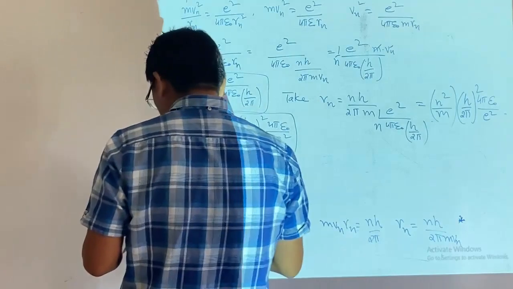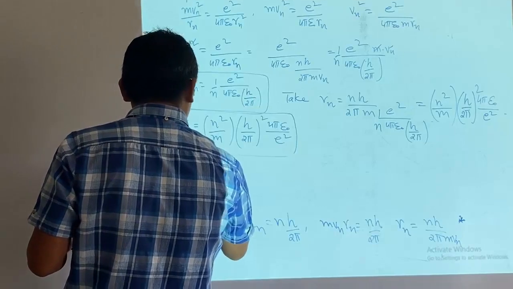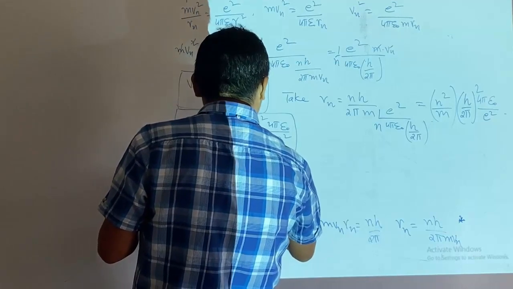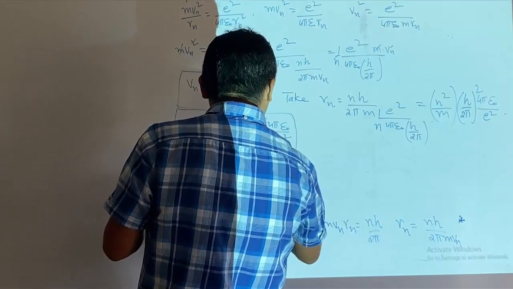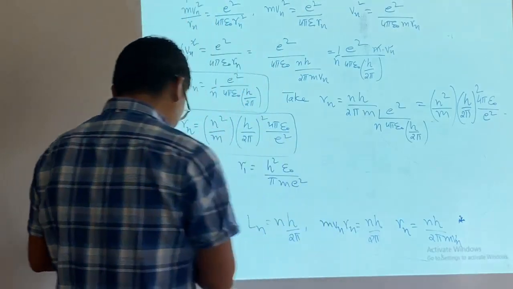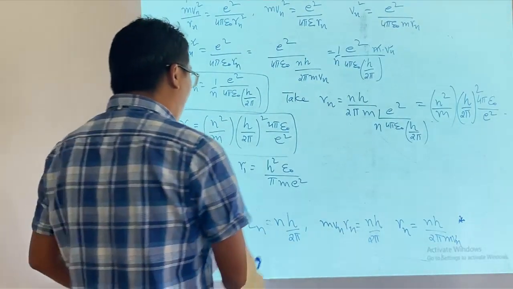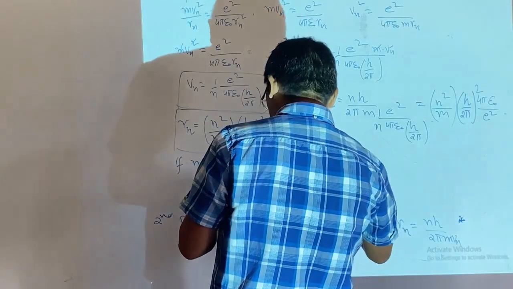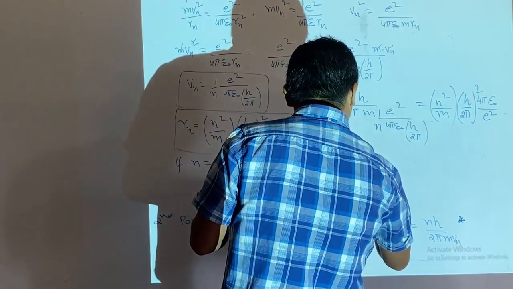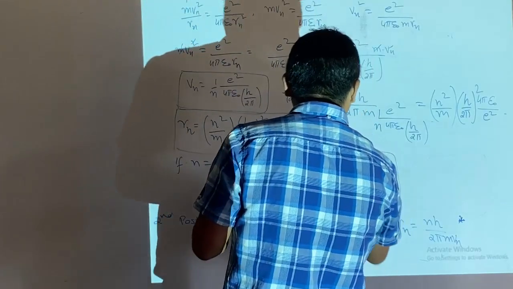So now if I put n equal to 1, then R1 is equal to h square epsilon naught divided by pi m e square. This is the smallest orbit, so I would like to represent it by a naught, which is equal to h square epsilon naught divided by pi m e square.